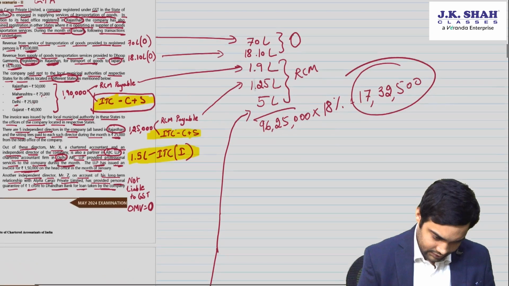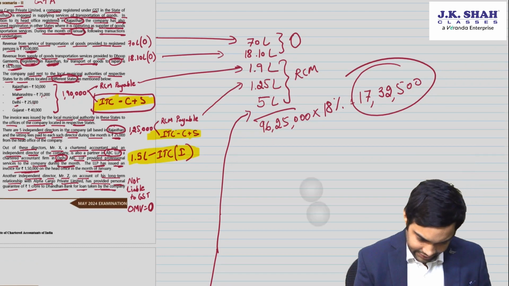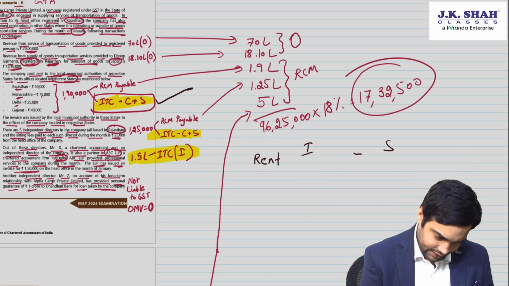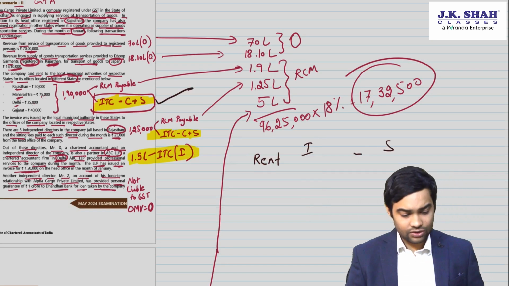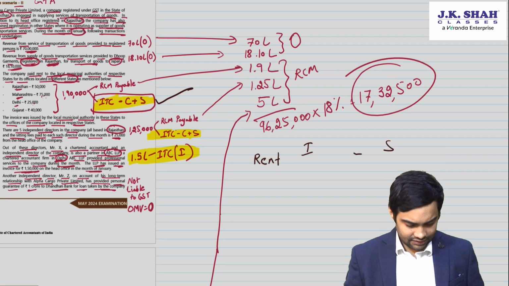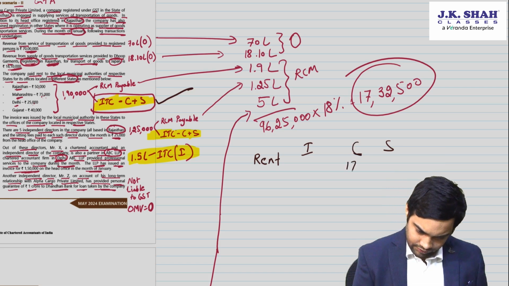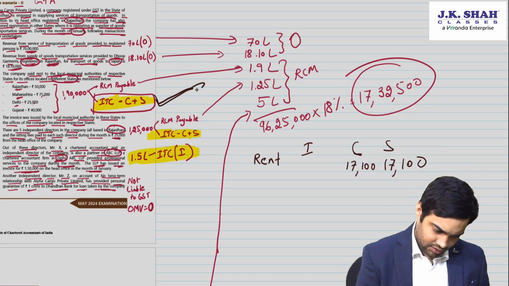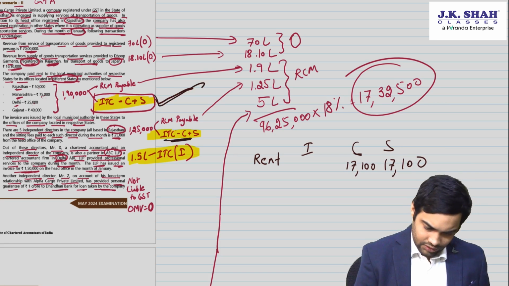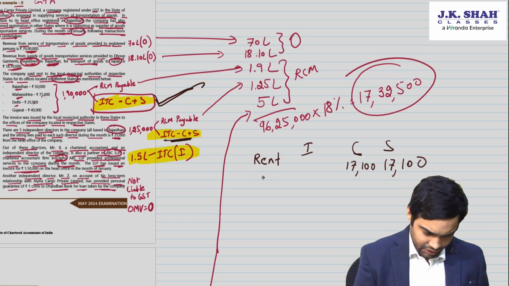So let's start. ITC on rent. Rent C and S 1,90,000. For each state they will charge C and S. So 1,90,000 into 9%, which comes to 17,100, 17,100. So this is closed. Then 1,25,000 C and S. This is independent director sitting fees.